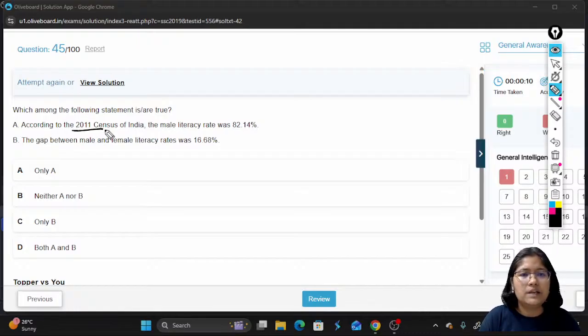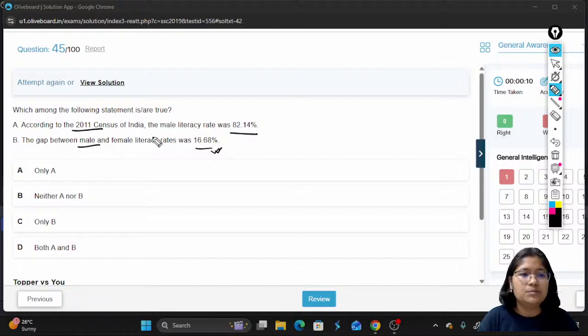According to the 2011 Census of India, the male literacy rate was 82.14%. Is it correct? Male literacy rate 82.14%. The gap between male and female literacy rates was 16.68%.